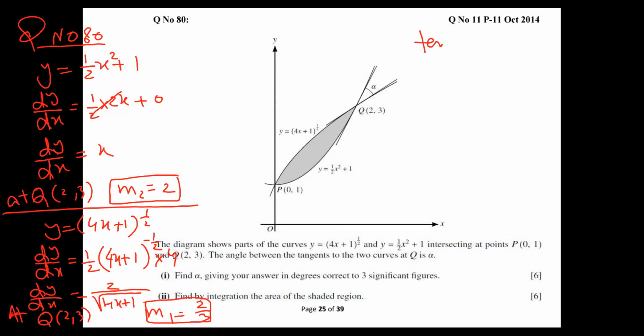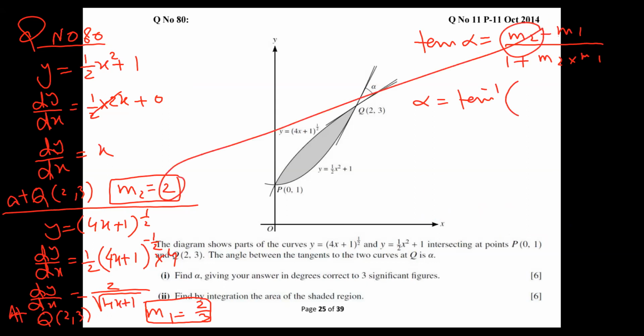tan alpha is equal to m2 minus m1 divided by 1 plus, this is always plus, this is a rule, the product of both gradients, so m2 times m1. Now I'm going to take tan inverse, and the m2 value is 2. So replace 2, and the m1 value is 2 by 3.